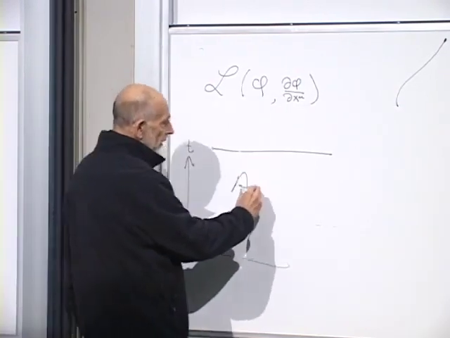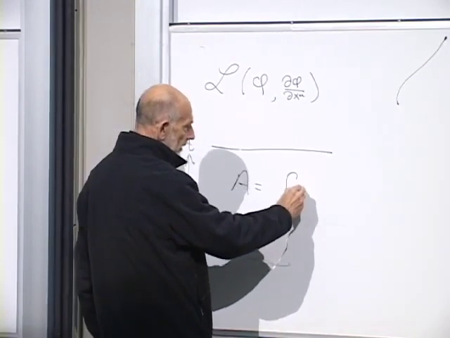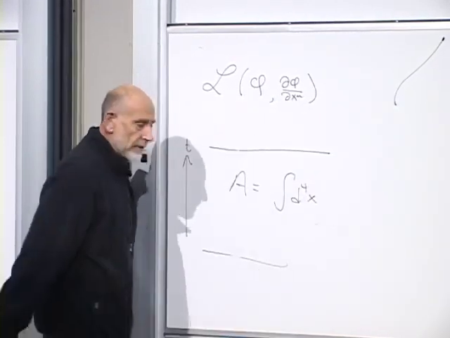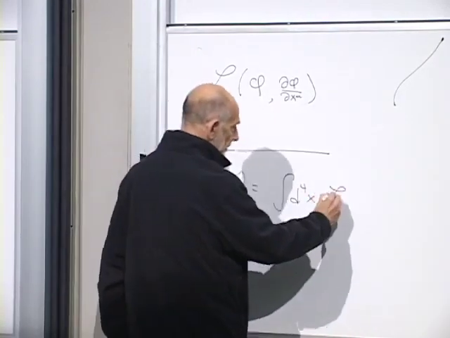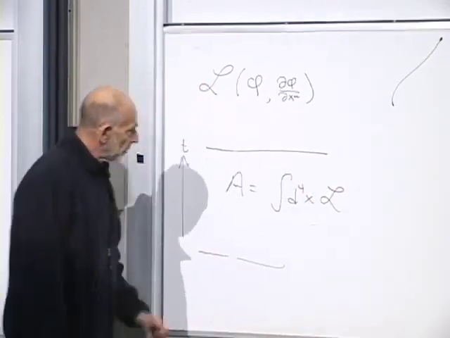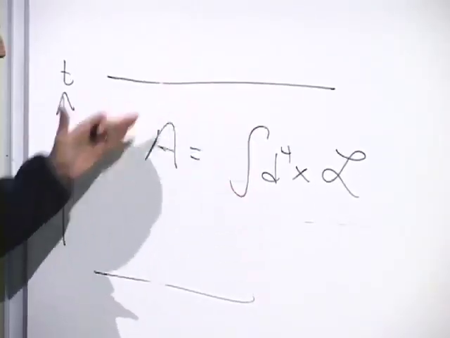And the action is equal to the integral over that region, let's write d4x, which means dt and dx and dy and dz, of this Lagrangian. So it's the total integrated value of the Lagrangian over space and time, whereas for the particle it's just an integral over time.